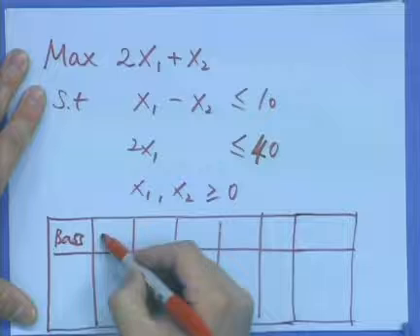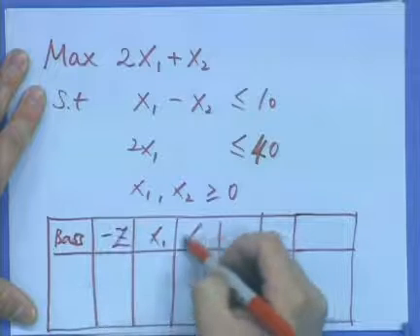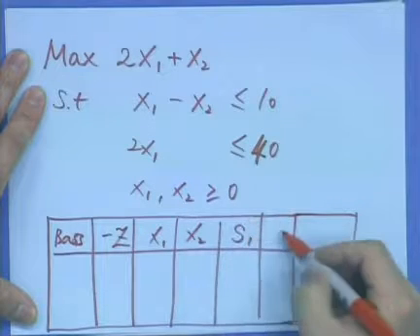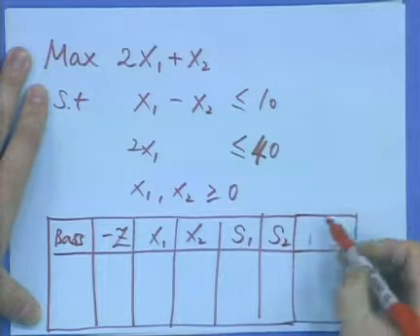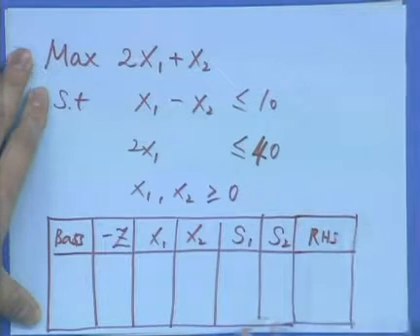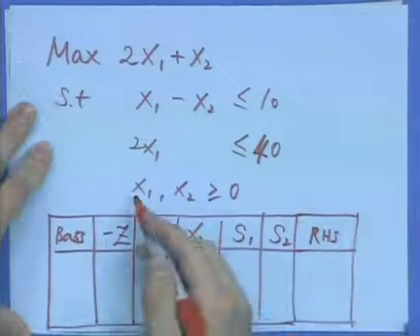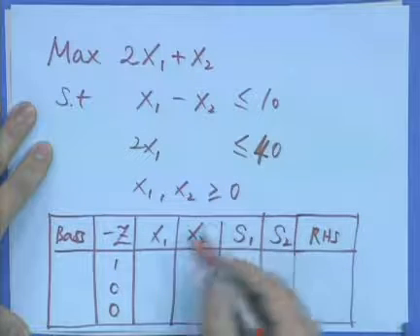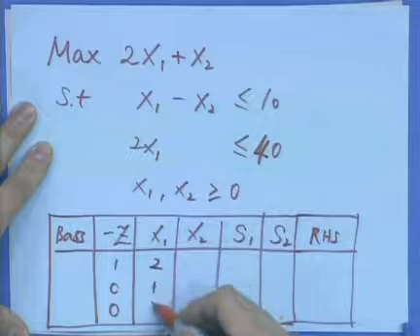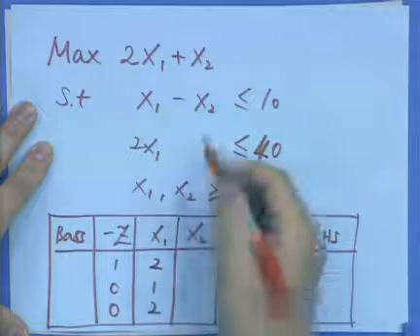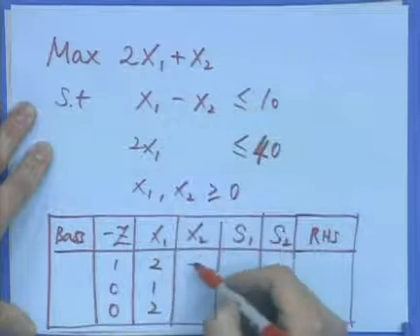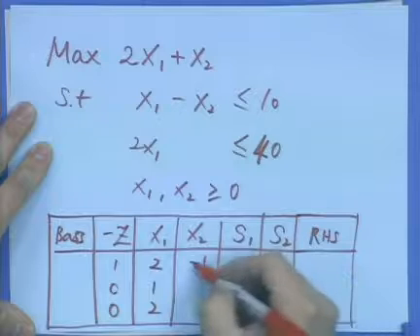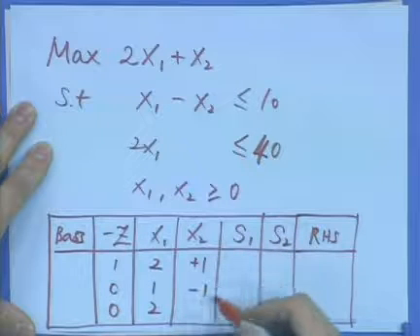The columns are: Basis, negative g, x1, x2, s1, s2, and the right-hand side. The negative g column would be 1, 0, 0. The x1 column would be 2, 1, 2. The x2 column would be positive 1, negative 1, 0.